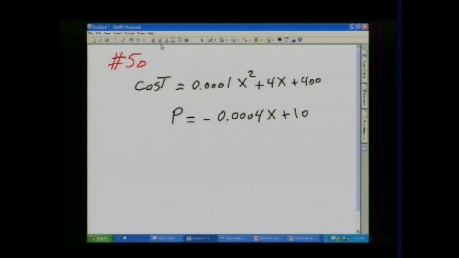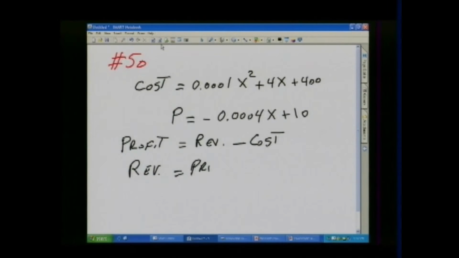So profit equals revenue minus cost, and revenue itself is equal to price times quantity, which we are using the symbol x for. So first we have to find the revenue.